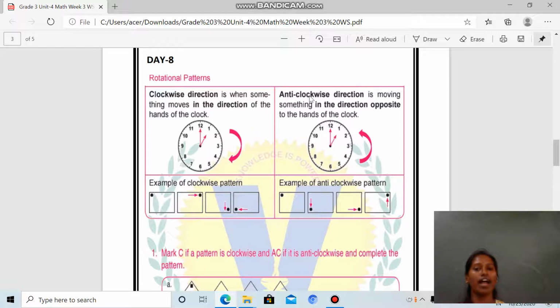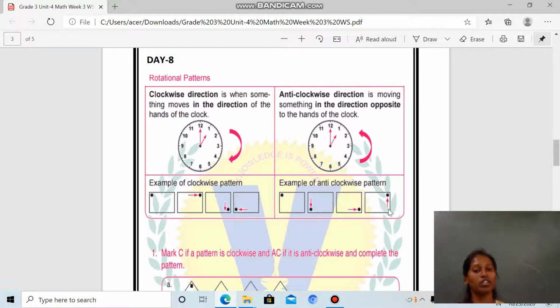Next is anti-clockwise direction, which is moving in the direction opposite to the hands of the clock. So this is the direction of anti-clockwise. For example, this is a given pattern. The point is given here. We are moving anti-clockwise. In the second image the point will come here. In the third image the point will go here.